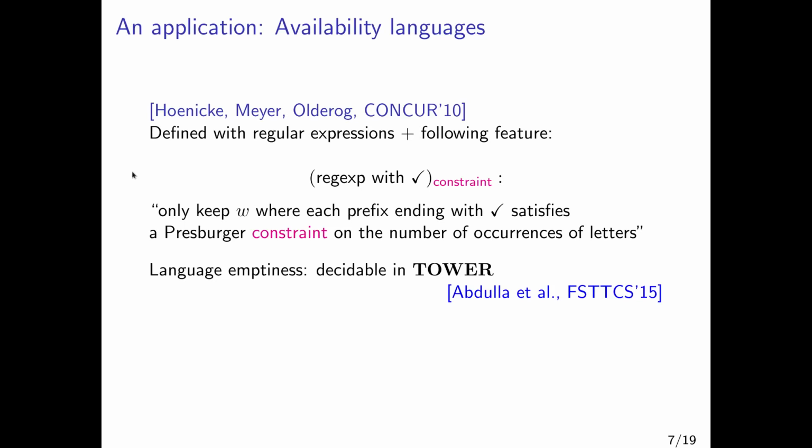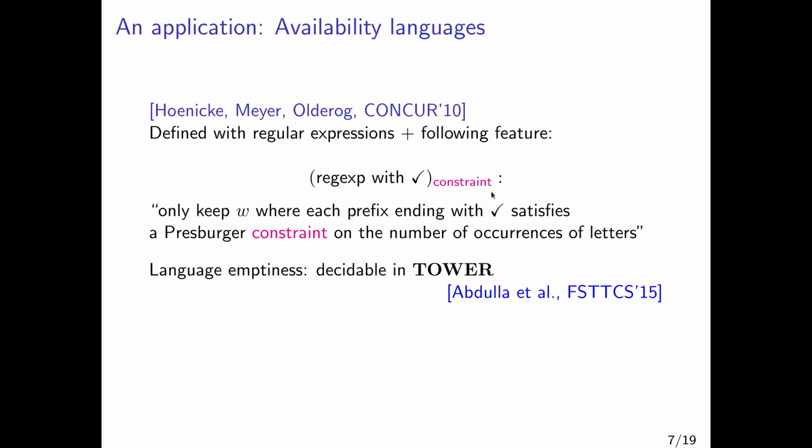This is something called availability languages due to Hünnecke, Meyer, and Olderog. So they are basically an advanced version of regular expressions. So take usual regular expressions and add the following feature. Suppose you have an additional symbol in your syntax, this check mark, and then you can put some sub-expressions inside parentheses and impose constraints on these sub-expressions.